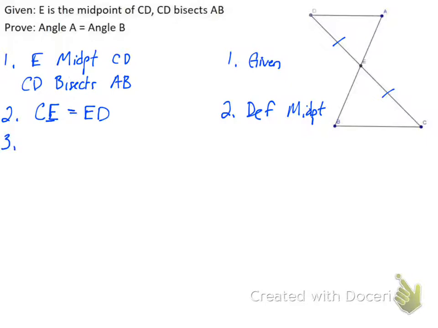CD bisects AB, so if AB is being cut in half by the other line, I know that BE is going to be equal to AE. Again, this is going to be by definition of a segment bisector.